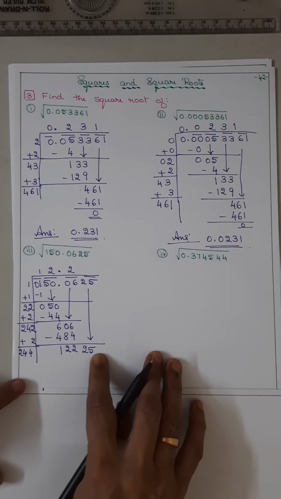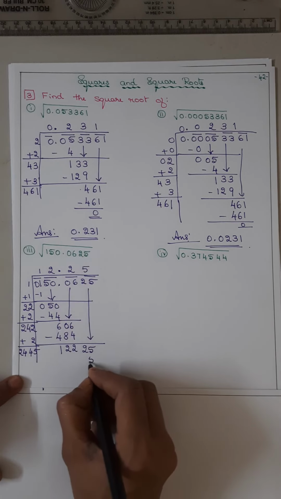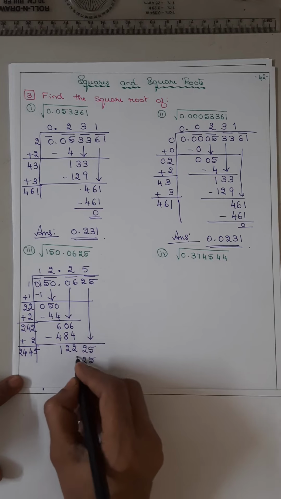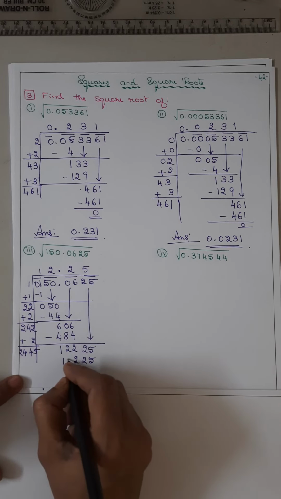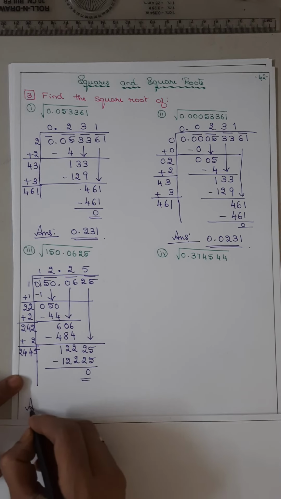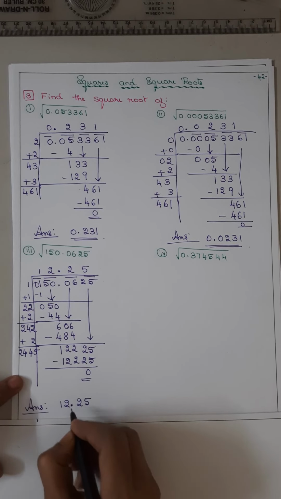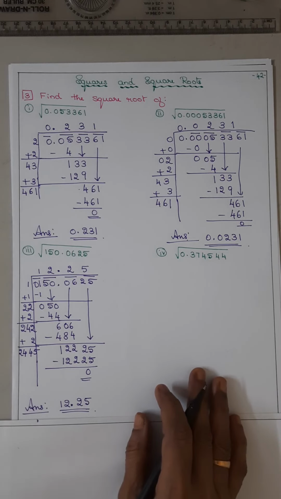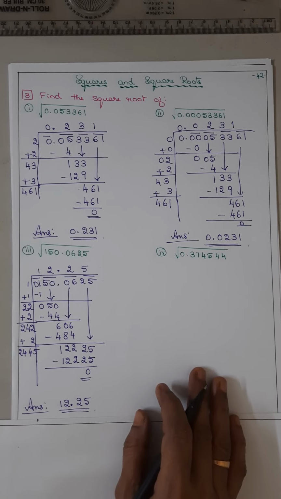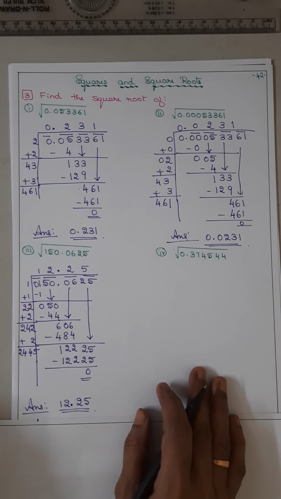Now ending with 5, so you can think of 5. 5 5s are 25. 5 4s are 20, 22. 5 2s are 10, 12. So when you subtract, it is 0. So the answer is 12.25. Is it clear? So in decimal places, you have to be careful. Slowly, the method is the same. You have to be careful, that's all.